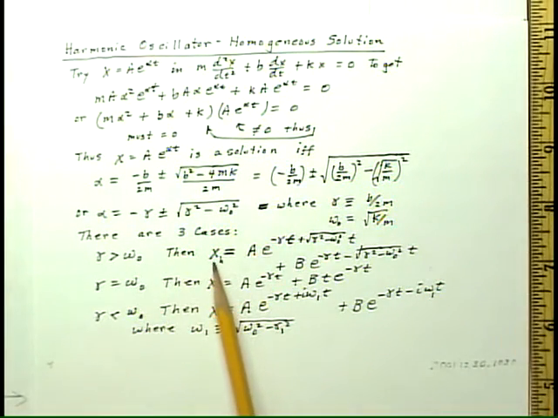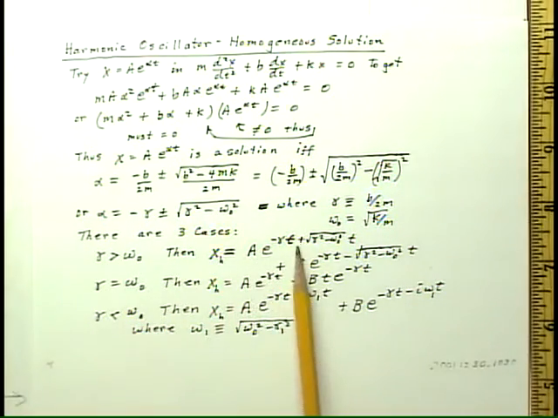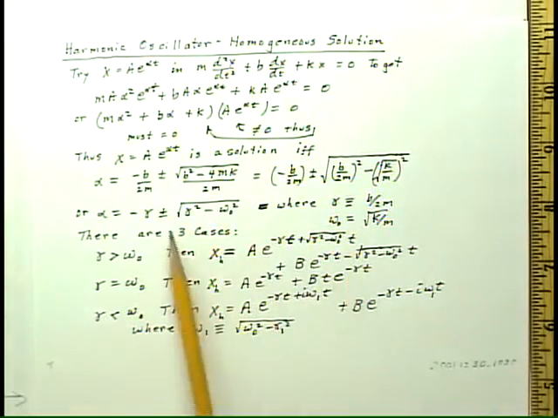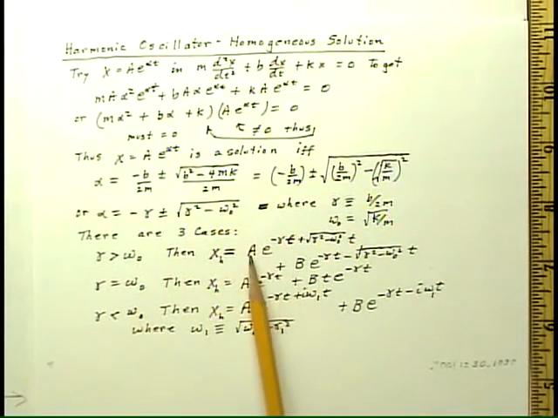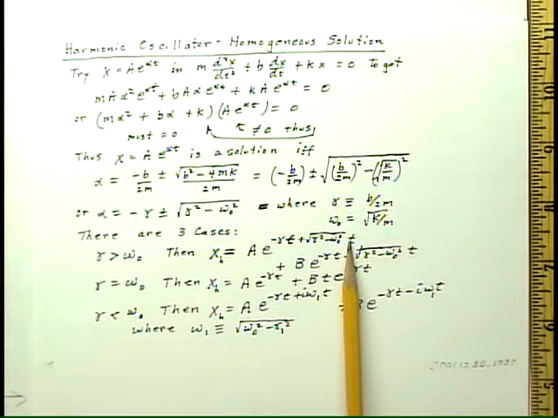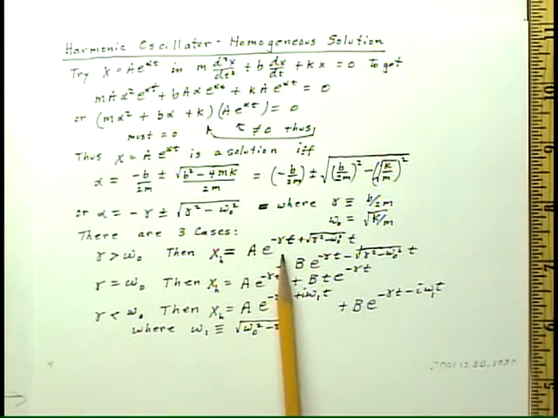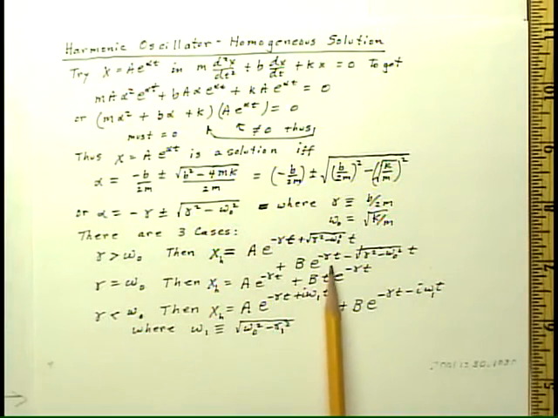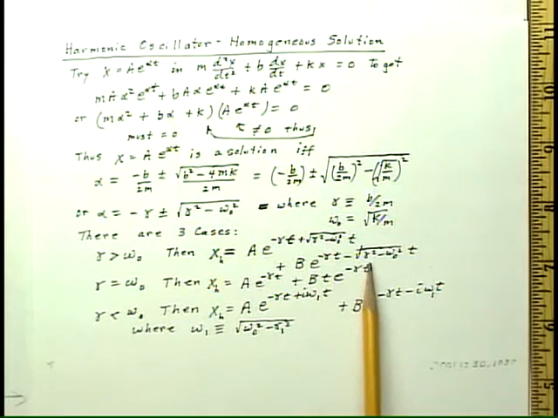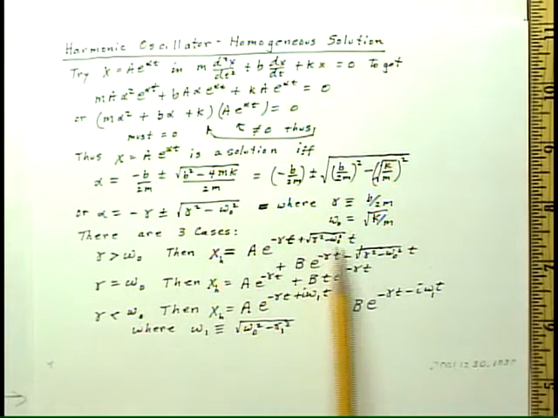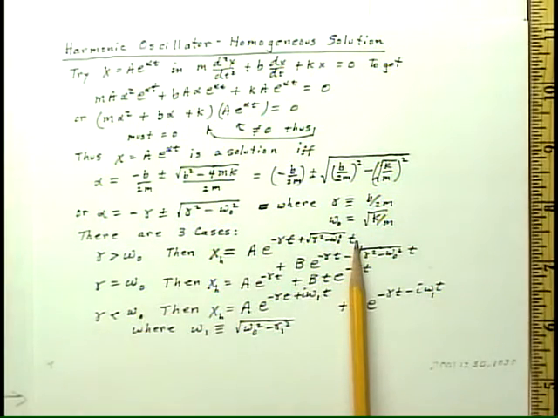And consequently, the solution, x homogeneous, is equal to a combination of the 2 signs that we just found up here for alpha, a times the plus sign in the solution, plus b times the other sign in the solution. We note here that this solution is of the form of a decaying exponential, e to the minus gamma t, and there are 2 other terms. This one looks like it's decaying, but this one looks like it's increasing.